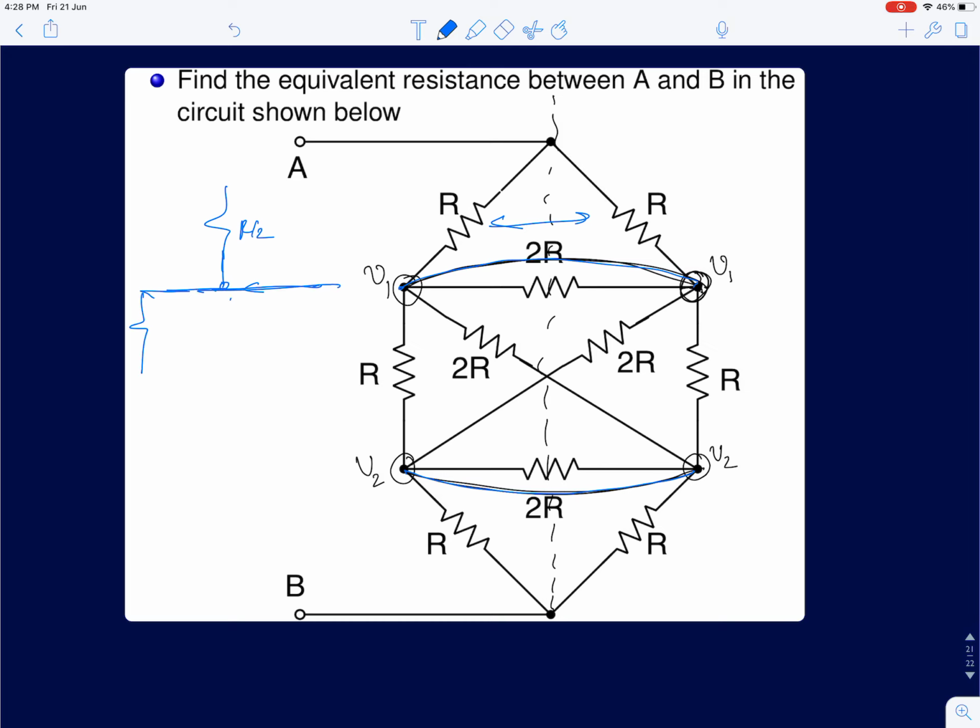So you have R, 2R, 2R and R, all are in parallel. Now this is at node V2, and then from V2 again you have a resistance of R by 2. So 2R and R in parallel with R, 2R and R in parallel, you get R, and you have 3 R's in parallel, so you get R by 3.